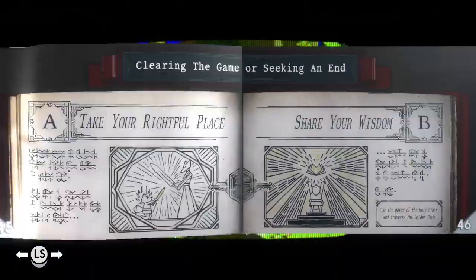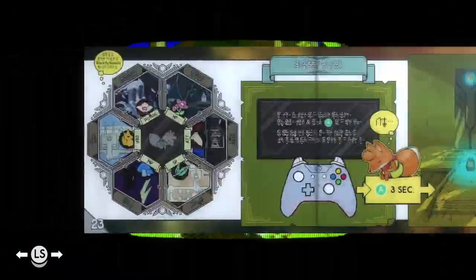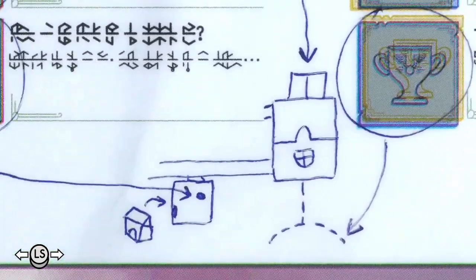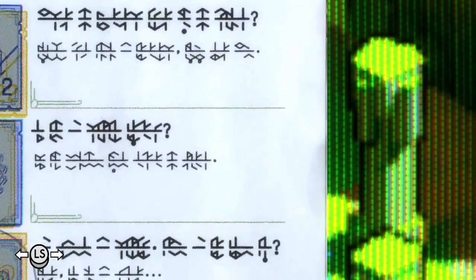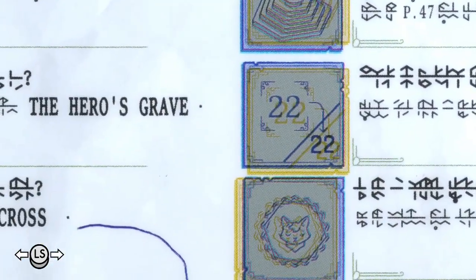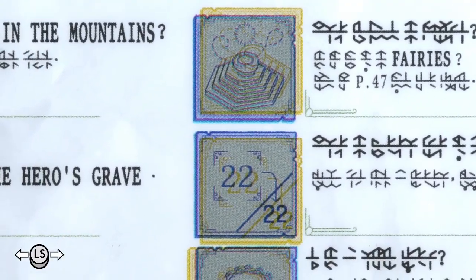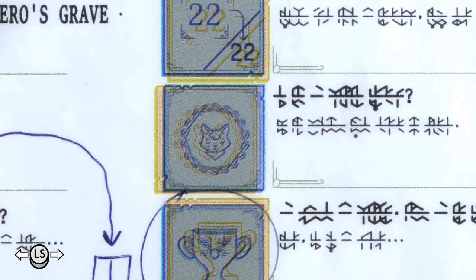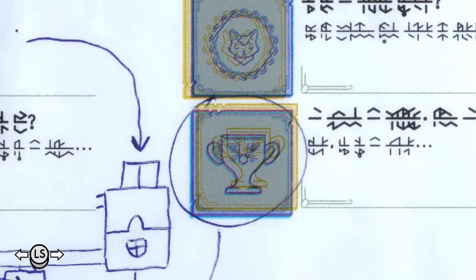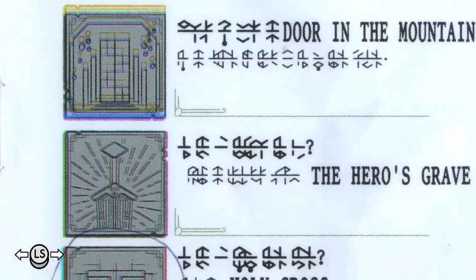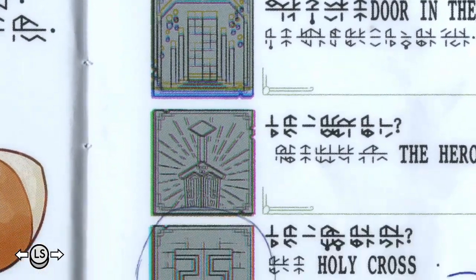Yeah, it's page 22. Page 22 is... It's like a printing error is what it looks like. Is that supposed to be a hint? Maybe it's supposed to be a hint.